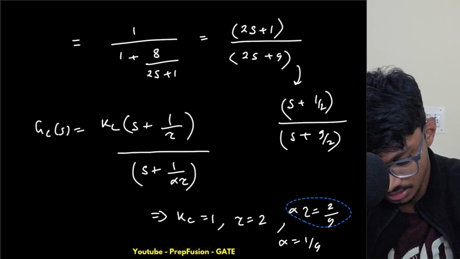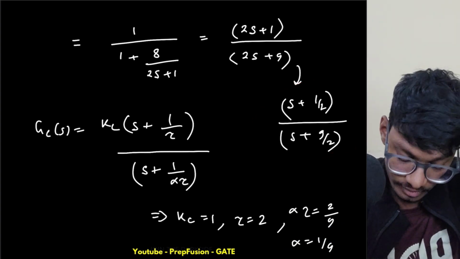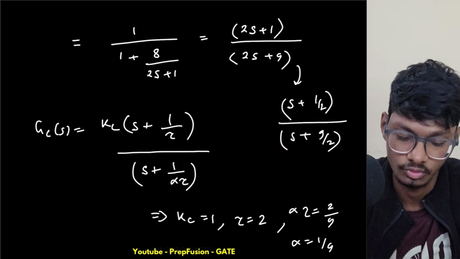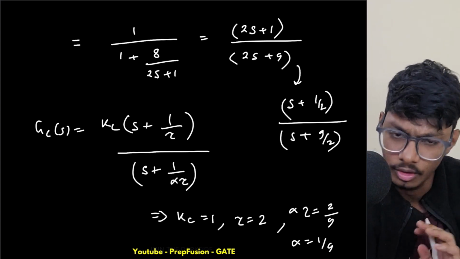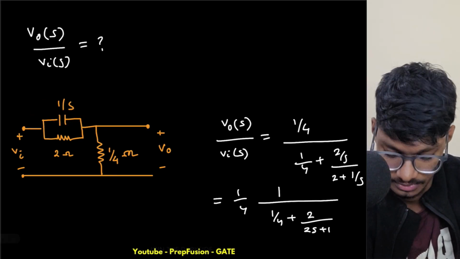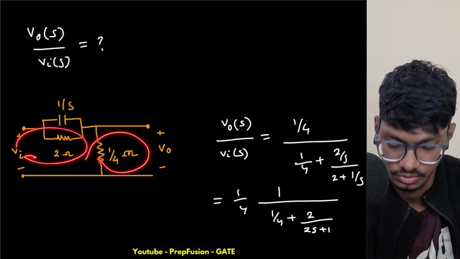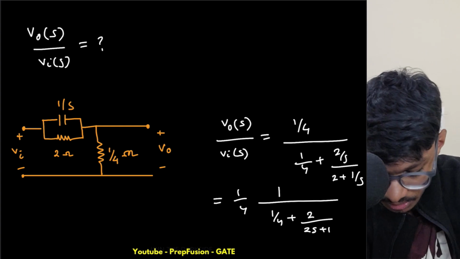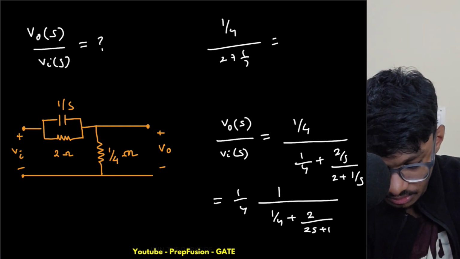High frequency gain should be equal to 1, and low frequency gain should be equal to 1 upon 9. You can cross verify this. At low frequency, the capacitor is open circuited, so only the resistors remain and it divides in the ratio 1 by 4 upon 2 plus 1 by 4, which is 1 upon 9.